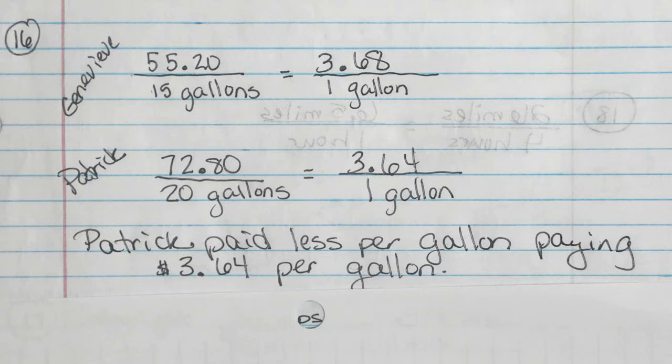This person paid $3.68 a gallon. This person paid $3.64 a gallon. It is only 4 cents difference, but Patrick did pay less per gallon, because it's 4 cents less than Jennifer, and they want to know who paid less. Be careful. Next time they might ask you who paid more.